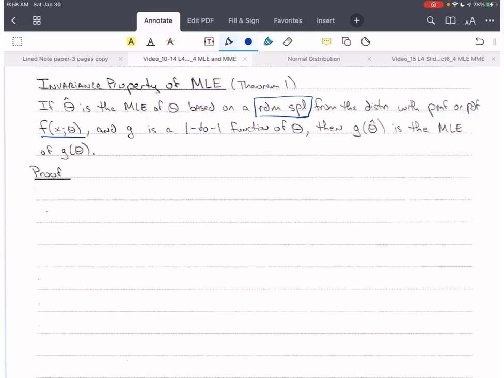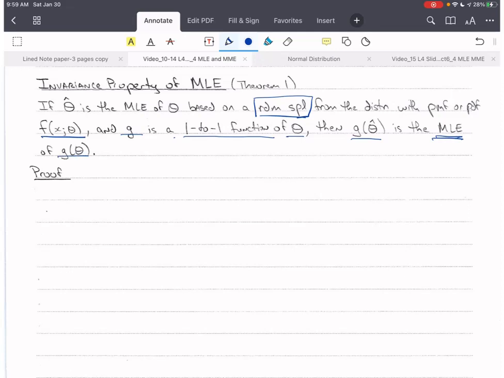But remember, if you go to grad school and you get an advanced class, they may introduce at some point non-identical or non-independent methods here. So those do exist. So make sure you remember that this invariance property is for IID random variables or a random sample. Let's say that we have g, and g has to be a one-to-one function of theta. Then g of theta hat is the MLE of g of theta.